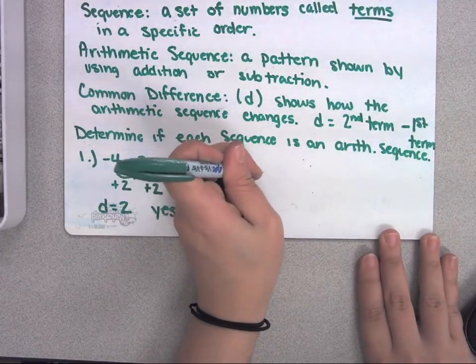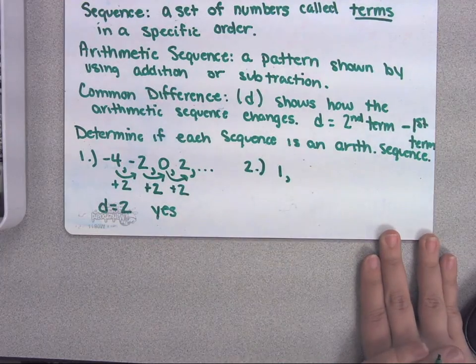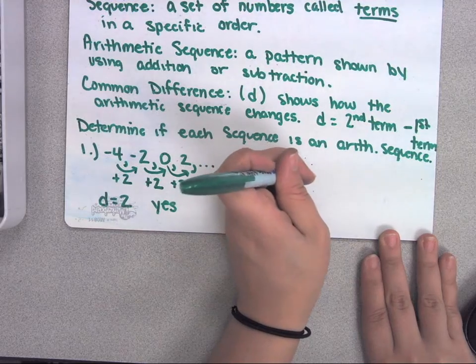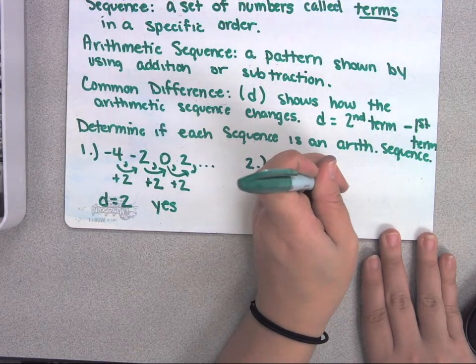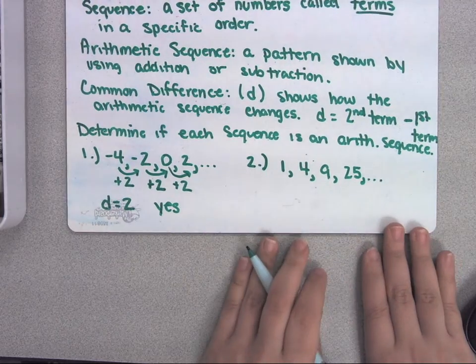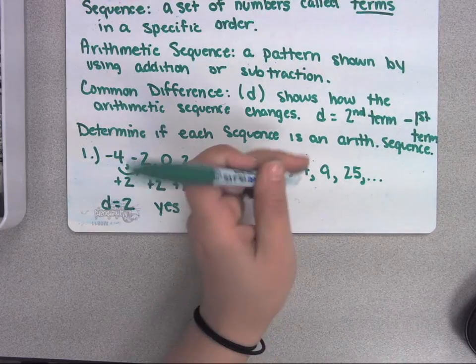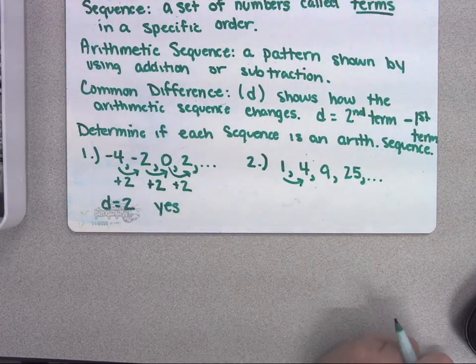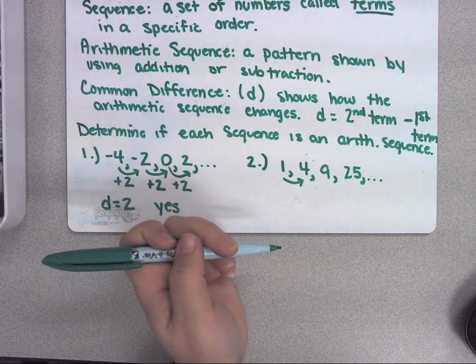Number 2: 1, 4, 9, 25, dot dot dot. With a negative, sometimes it's hard to see. With the positives, you might be able to figure it out by working backwards.